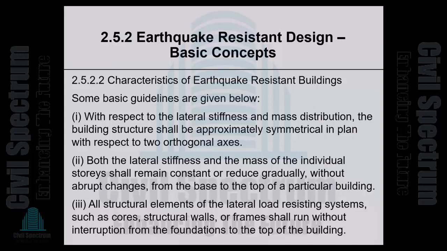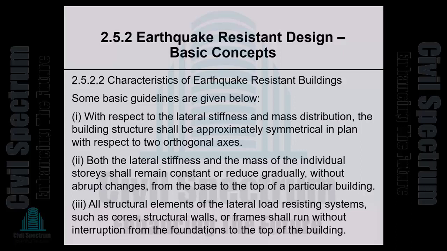That again is desirable, but typically does not happen. All structural elements of the lateral load resisting system, such as cores, structural walls, or frames, shall run without interruption from the foundation to the top of the building. That again doesn't happen.